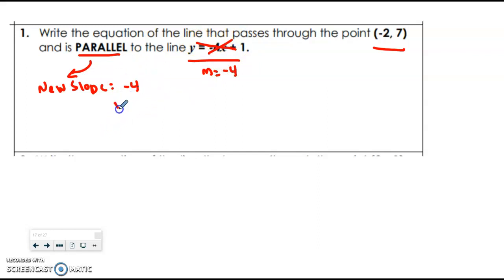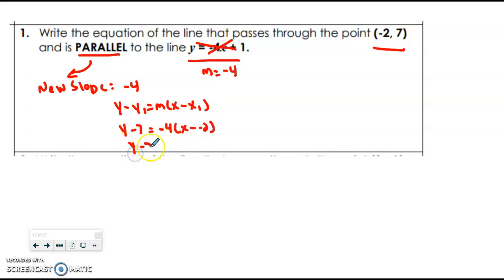Okay? So I do know that it's y minus y1 equals m times x minus x1. That's point slope form. Hopefully you watched that video yesterday, over the weekend, that deals with this. So I'm going to do y minus 7 equals -4 times x minus -2.